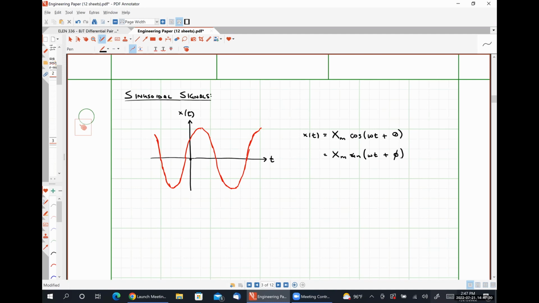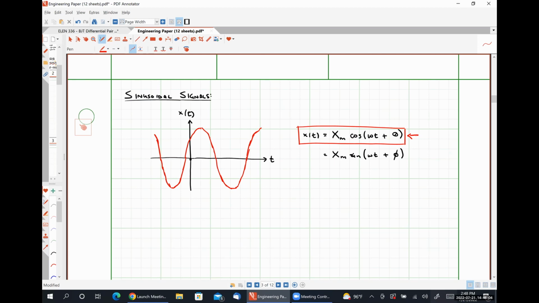Now, for reasons that I am not yet ready to discuss with you, 99.9% of the time we will deal with sinusoidal signals expressed as a cosine function. This cosine function representation is going to be what we consider our baseline for all sinusoidal signals.